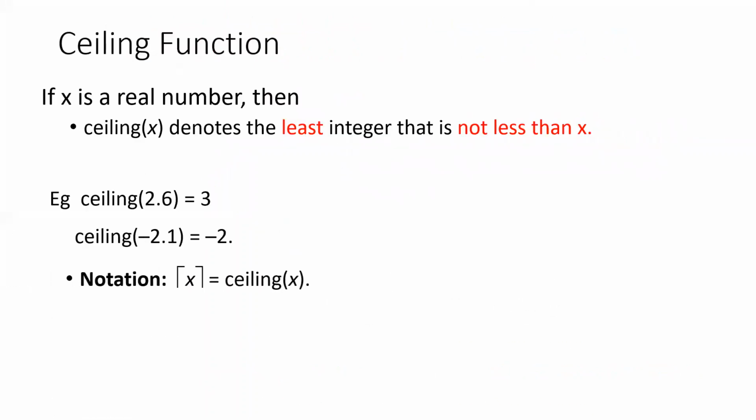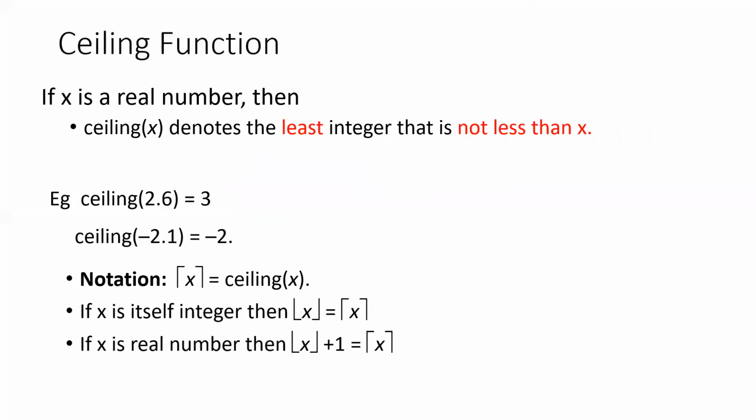To make it a point for these mathematical functions, you can write these two lines also: if you're finding the floor and ceiling of a real number, they are related as the floor of the real number plus 1 will give you the ceiling of that number.